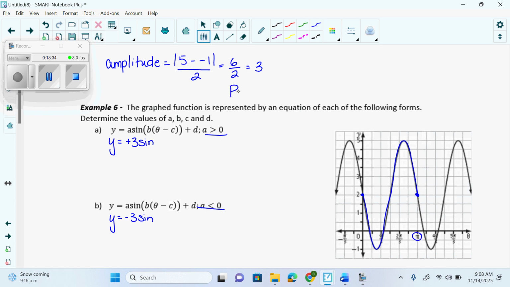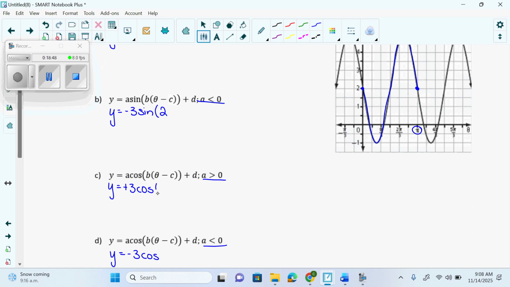So the period equals pi, so B equals 2 pi over pi, which is 2. Then we're going to go back, and we're going to do the midline next. C we do last because it's the most brain matter needed.